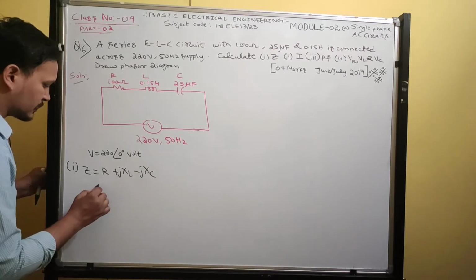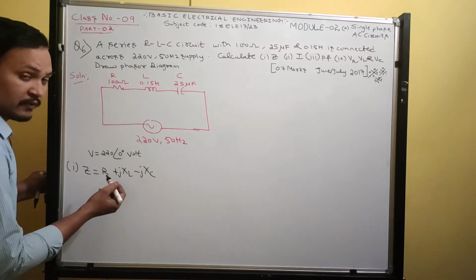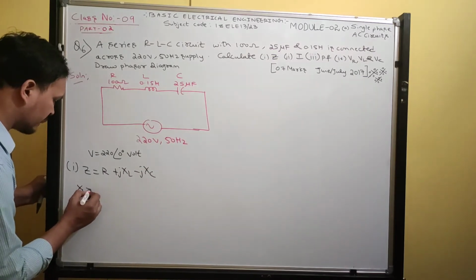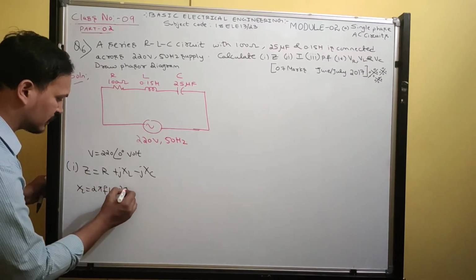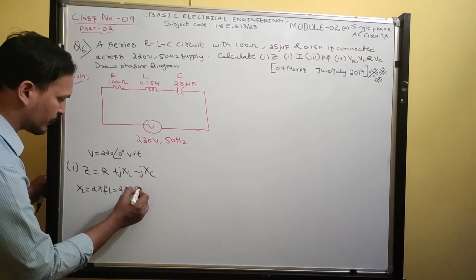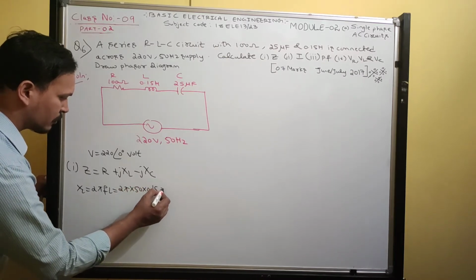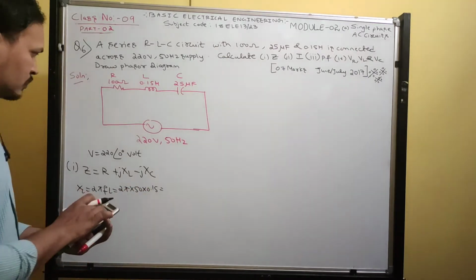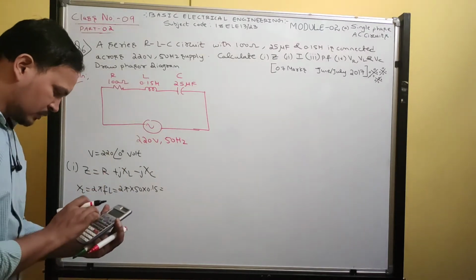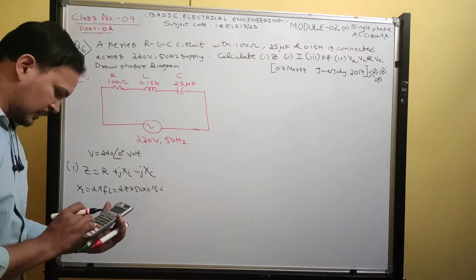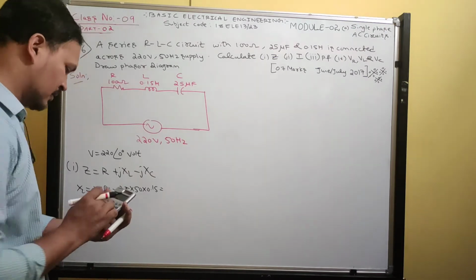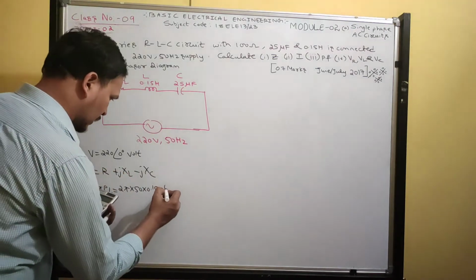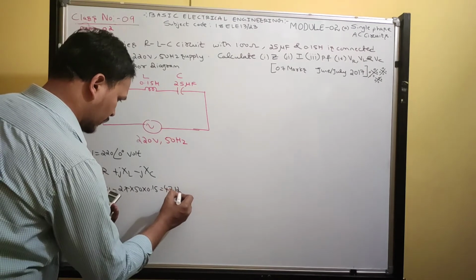The resistance value is 100 ohms. Before that, find XL and XC. The XL formula is 2 pi FL. XL is equal to 2 pi F into the inductance value 0.15 Henry, so 2 pi into 50 into 0.15 is 15 pi, which is 47.12 ohms.